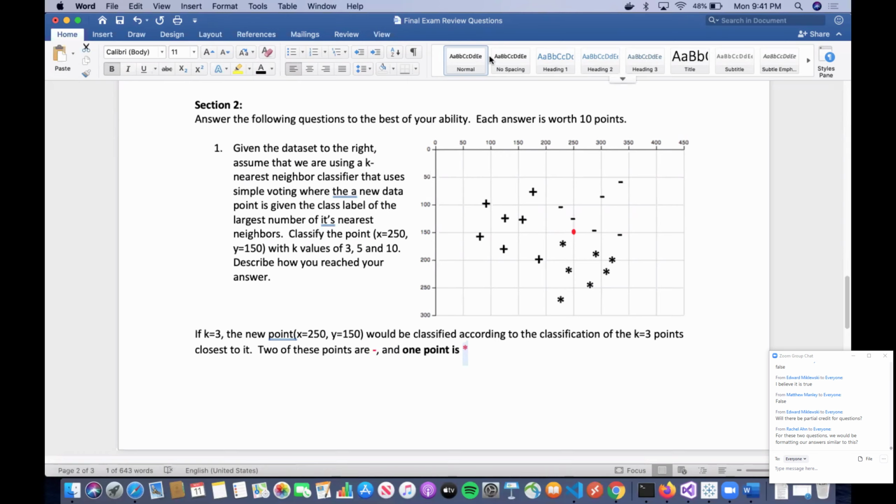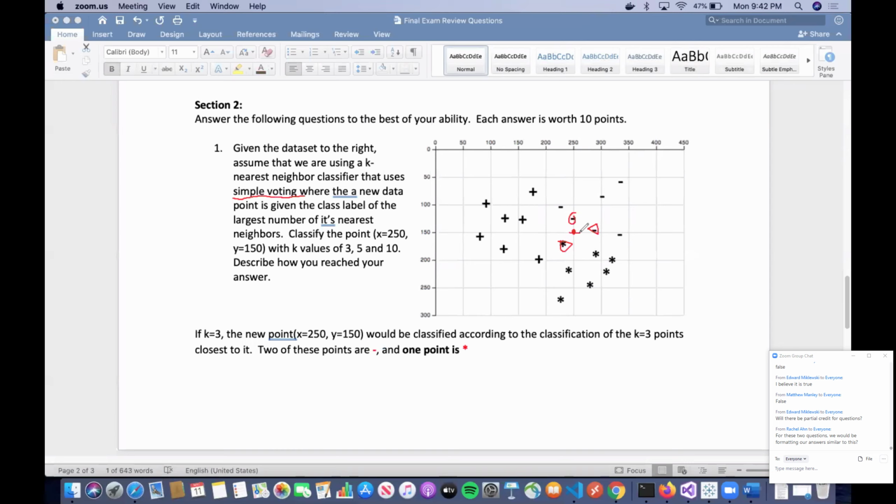And that's all we see here. So looking at this, we can see closest, because k is 3, we're going to take the 3 closest neighbors, right? So hyphen and hyphen. So the 3 will be 1, 2, and 3. And because we are using the simple voting method, that means we have 2 hyphens. So therefore, the point will be classified as a hyphen. So it will be a dash right there.